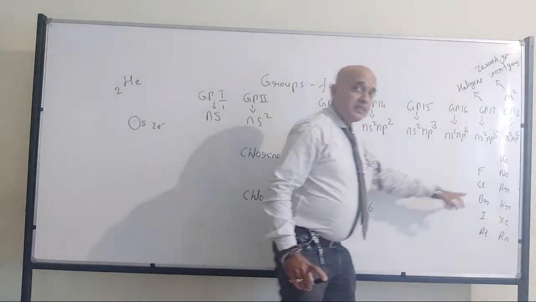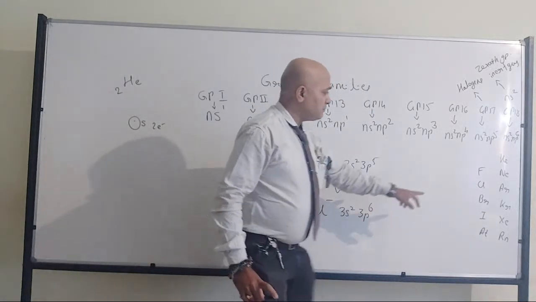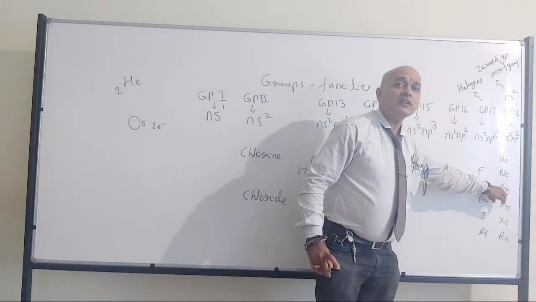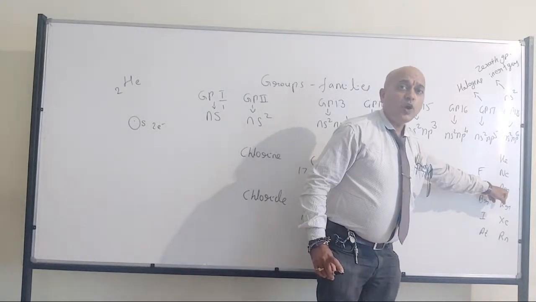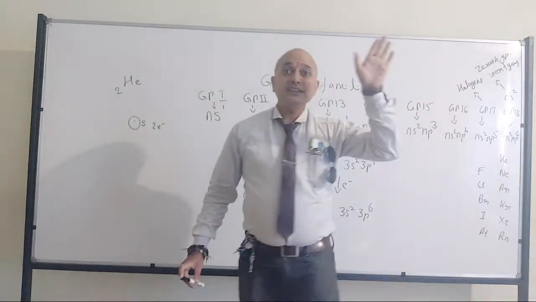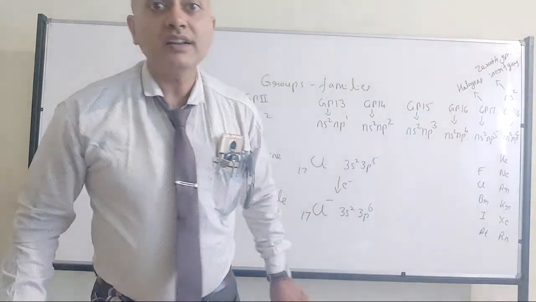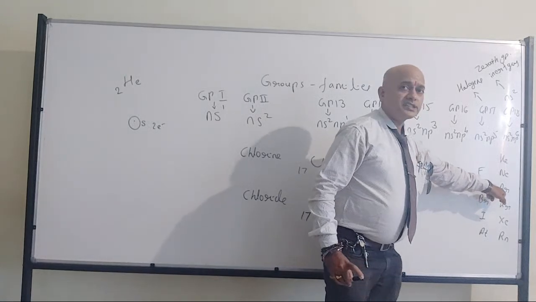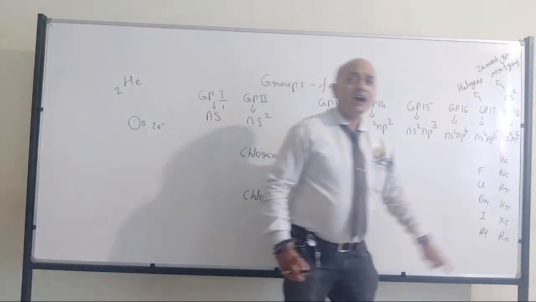Once it became 3s2 3p6, it has attained the electronic configuration of argon, not organ. Organ would confuse biology students. Argon, the noble gas.